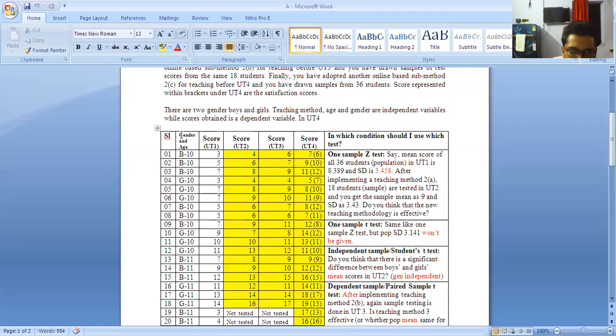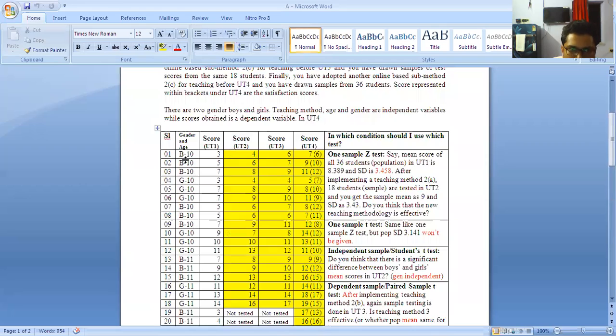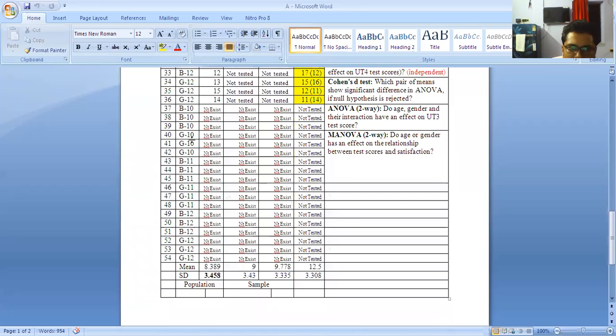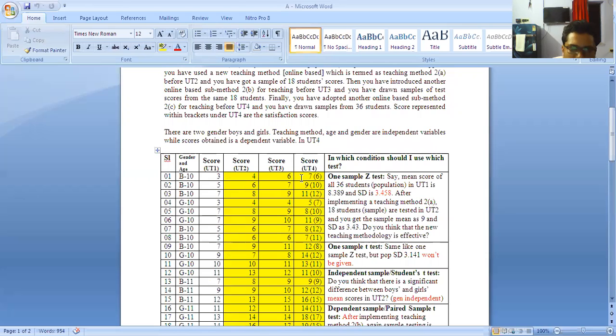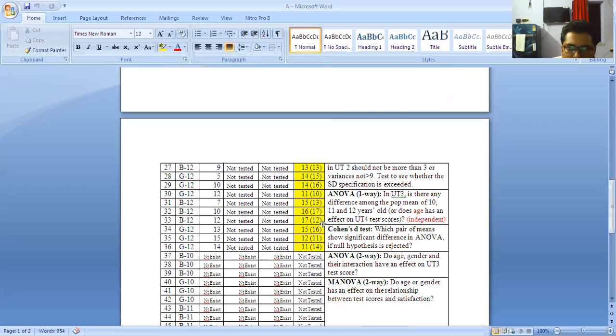Now in this column, the gender and age are represented. B means boys, G means girls, 10 means 10 years old, 11 means 11 years old, and 12 means 12 years old. The mean and the standard deviation are also given to you.